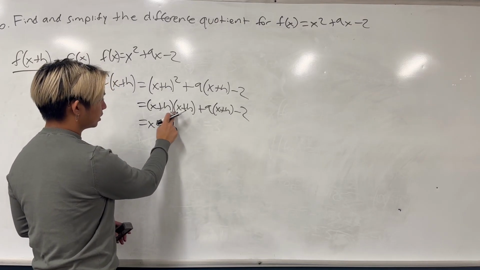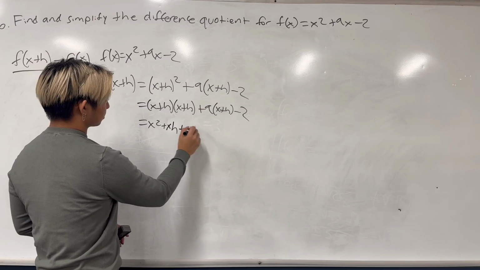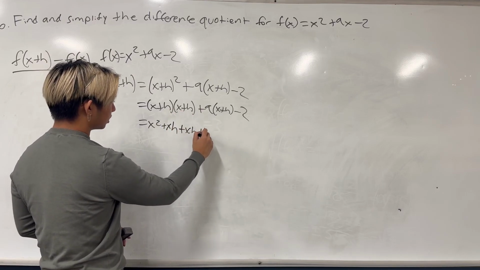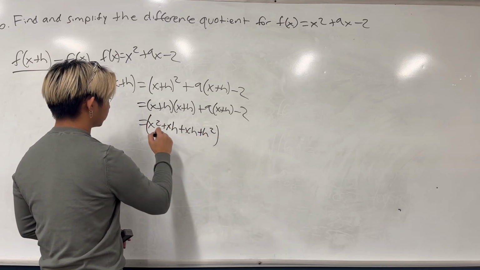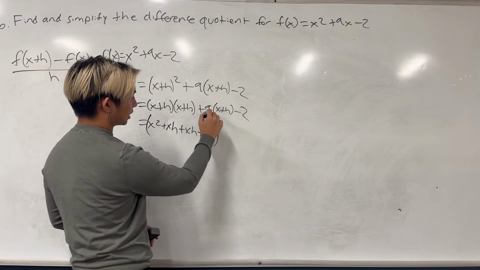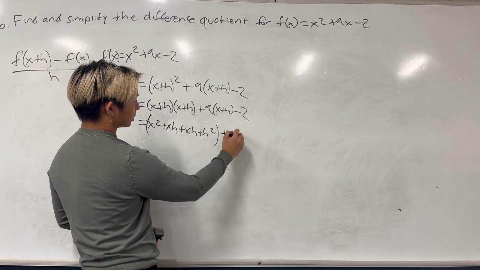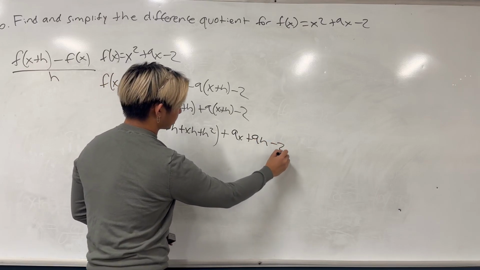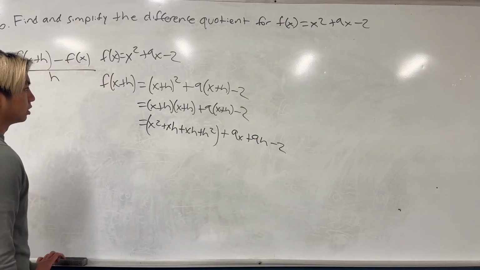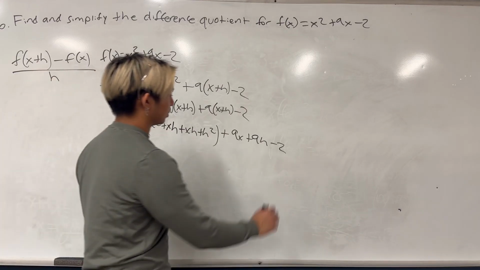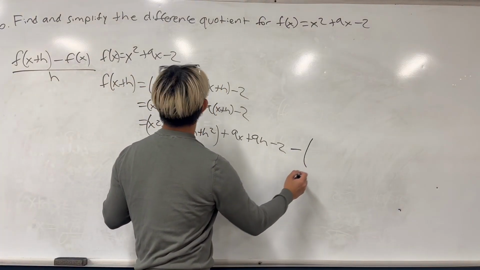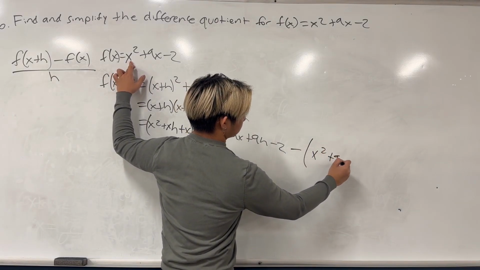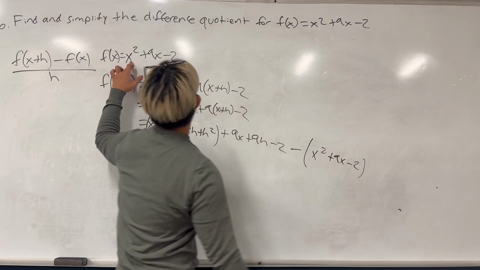Again, h and x gives us another xh, and then h times h gives us h squared, all in parentheses. Then let's distribute the 9: 9 and x gives us 9x, 9 and h gives us 9h, minus 2. Let's write out f of x as well: this whole thing minus x squared plus 9x minus 2.